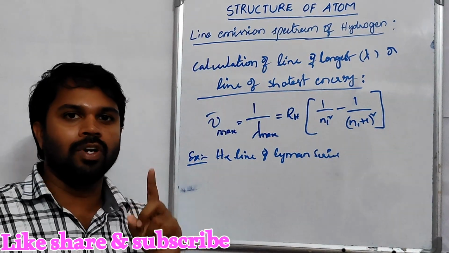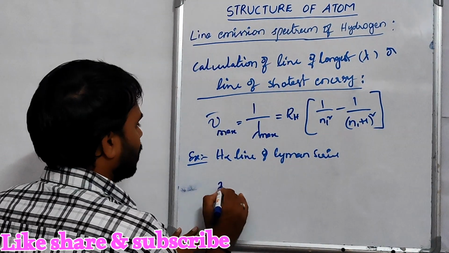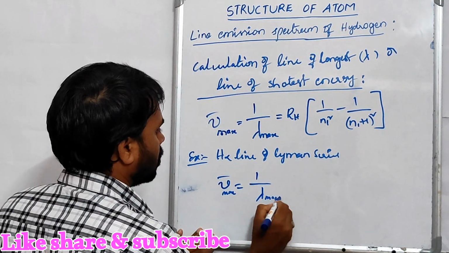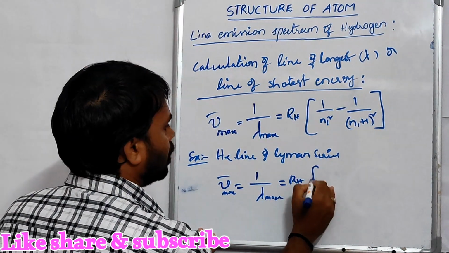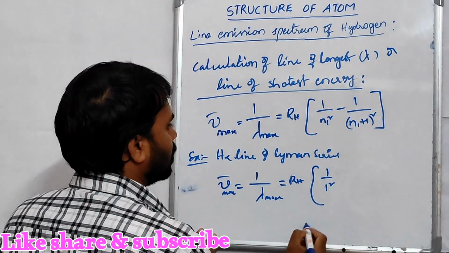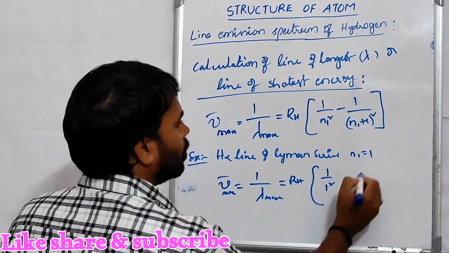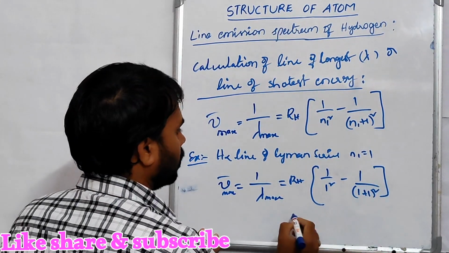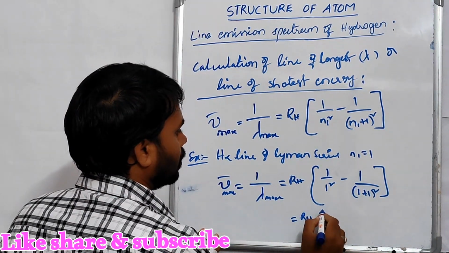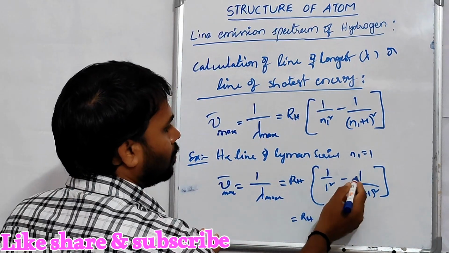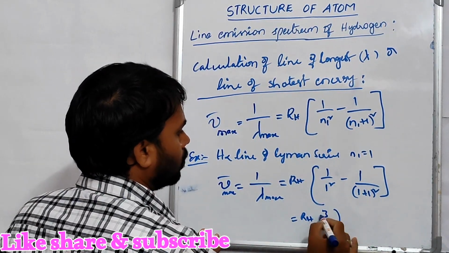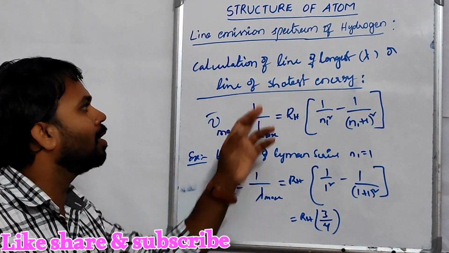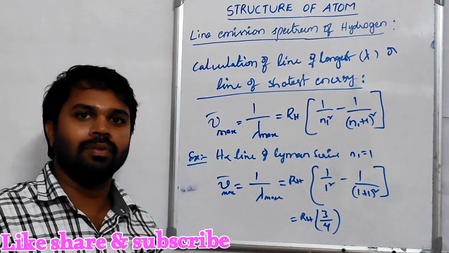It is nothing but the first line of the Lyman series. 1 by lambda max equals Rydberg's constant into 1 by 1 square. First line means N1 equals 1, minus 1 by 1 plus 1 whole square. Here it is 2 square, 2 square means 4, so 1 minus 1 by 4 is 3 by 4. By putting Rydberg's constant value, we can calculate the longest wavelength of the Lyman series.